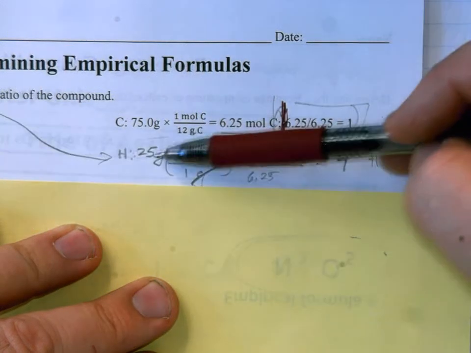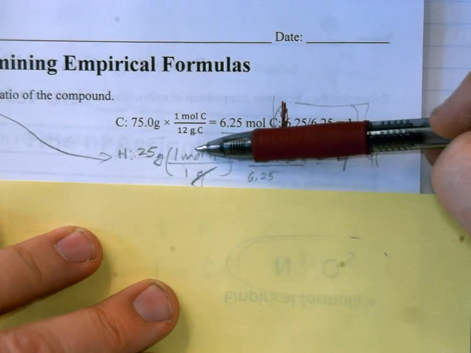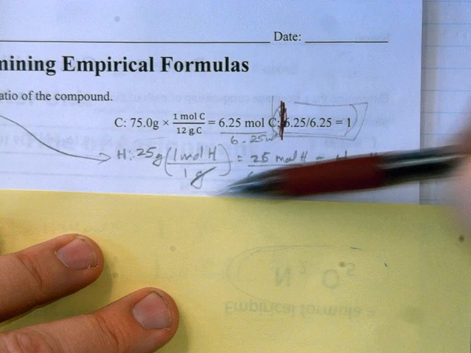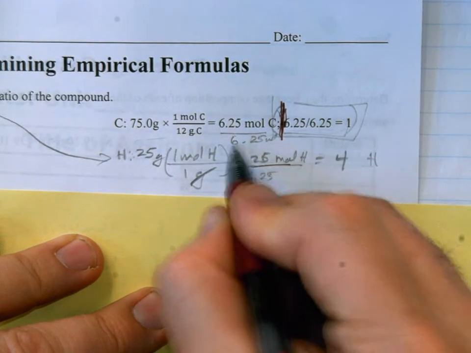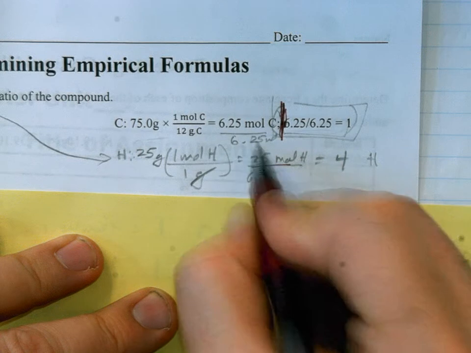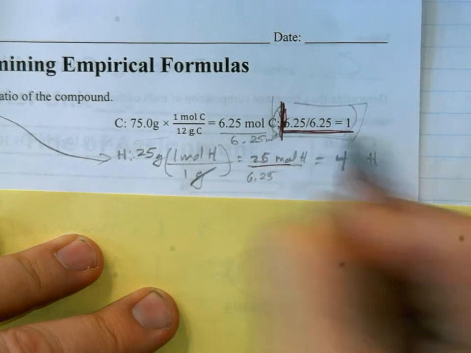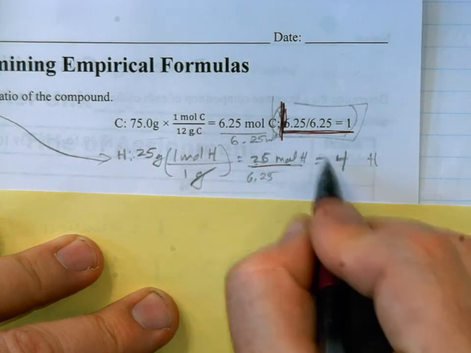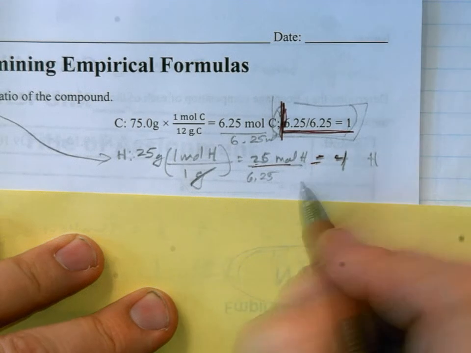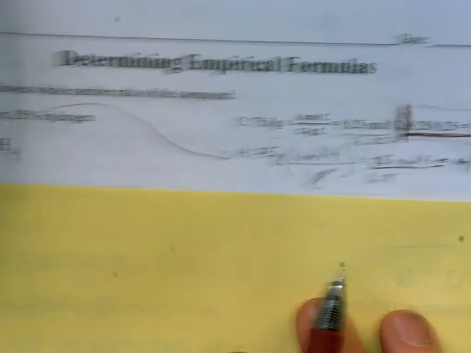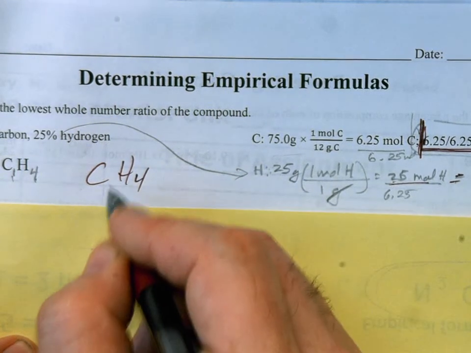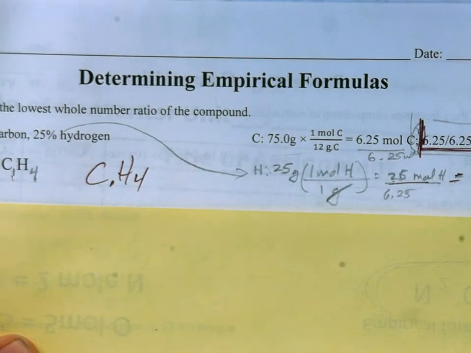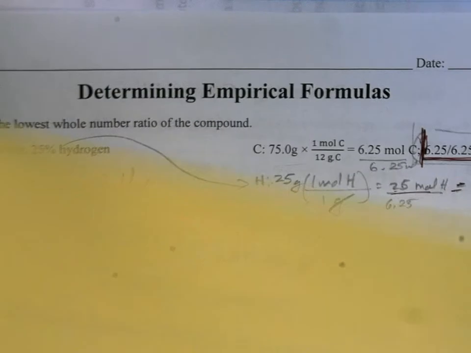We converted that into moles. The molar mass is 1 mole of hydrogen is 1 gram, so we ended up with 25 moles of hydrogen. Now we have to divide by the lowest number of moles, 6.25. 25 divided by 6.25 comes out to be 4. And so this compound would be CH4, or if you wanted to put a 1 there, you could. That's not really proper, but C1H4. Now we need you to get working on the rest of those.